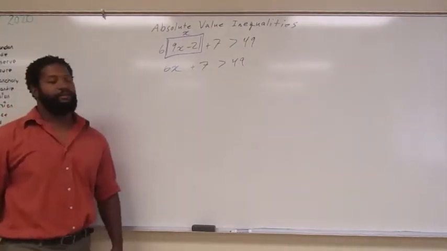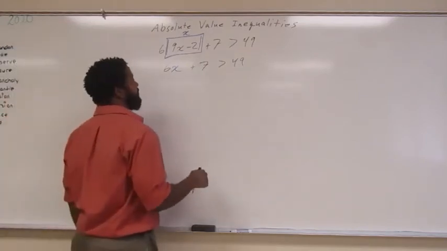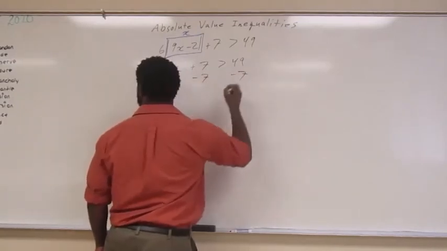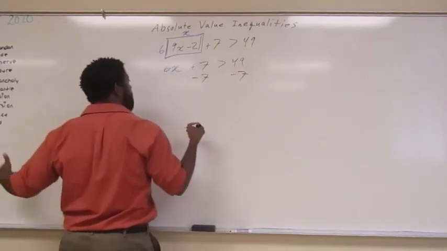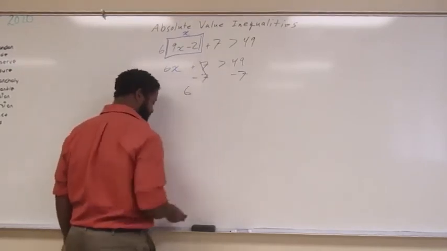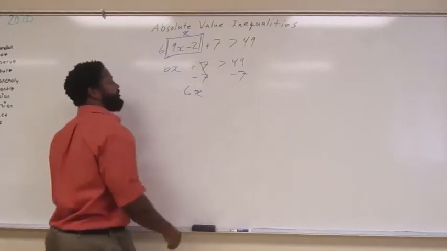Okay? Let's get that x by itself, all right? Minus 7. Okay. All right, subtract the 7s. We have 6x, right?